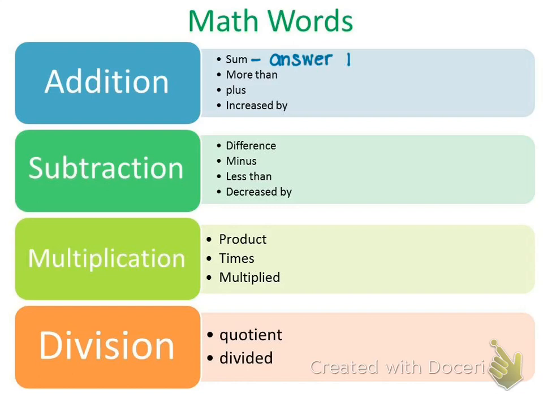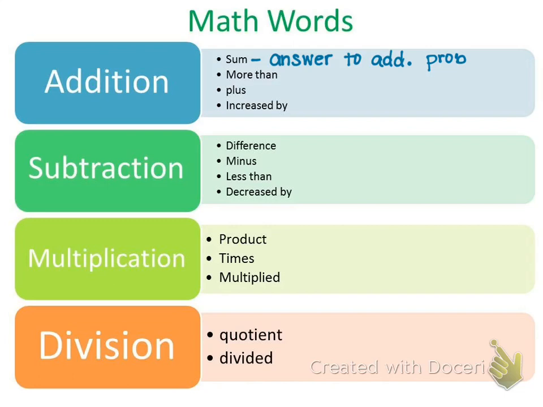So answer to addition, I'm just going to abbreviate to addition problem. Okay, so I know anytime I see the word sum, it means addition, but most specifically, the answer to an addition problem.